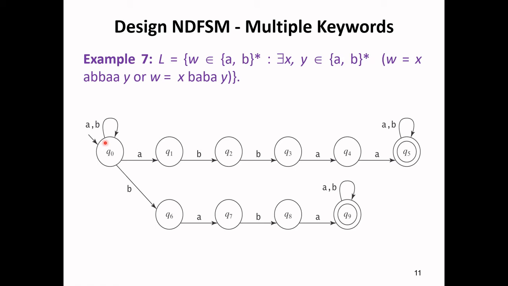It means a self loop on the initial state for A or B and a self loop on both the final states having A comma B. So here you can see one initial state and two final states, as we have two types of strings, X ABBAA Y or W is equal to X BABA Y.